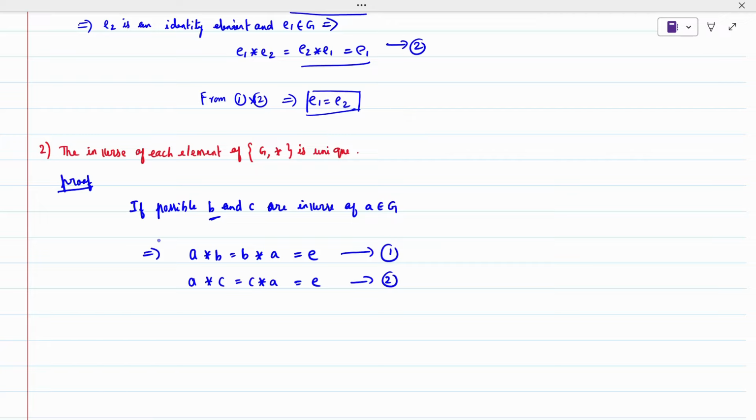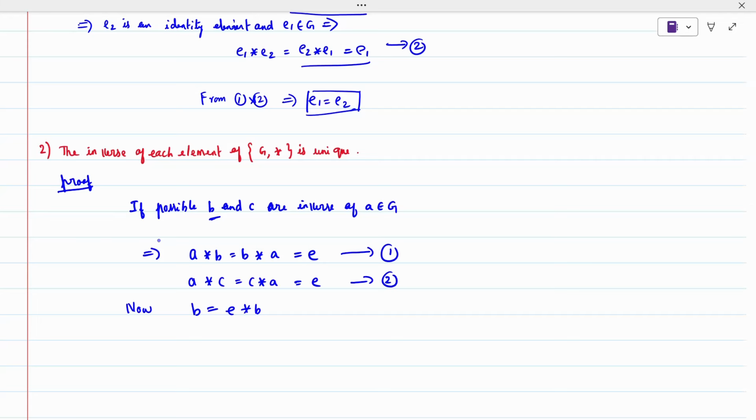Okay. So how can I prove it? So now what I am going to take? First I will take B. B only I will take. So B can be written as E star B. Correct? Because any element when it is multiplied with the identity E, I will be getting the same.